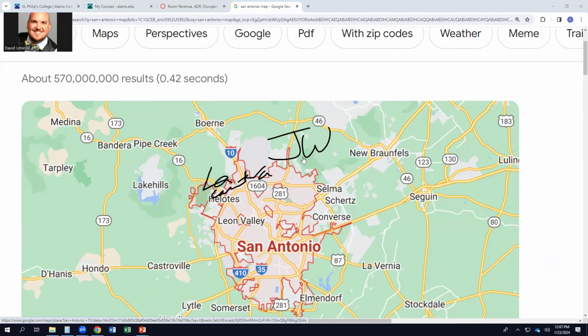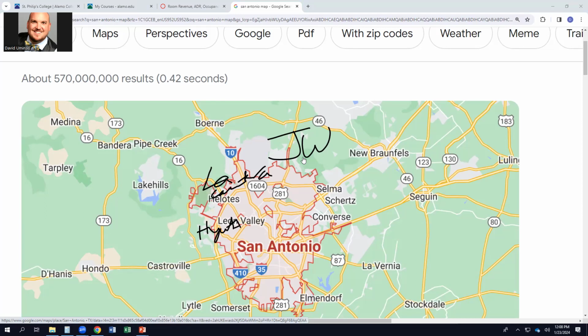And then this is 151. So this is going to be the Hyatt. They are all pretty far spread out, right? They're not right next to each other like the Marriott and the Hyatt are downtown. But when we think about level of service and the amenities, these are all resort properties. So they're all going after the same guest, okay?